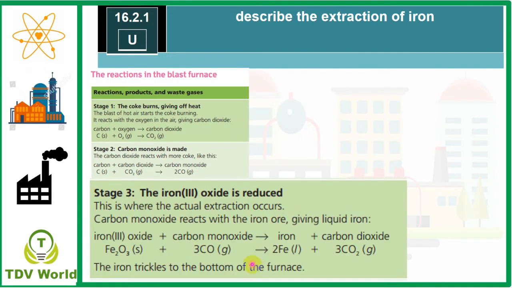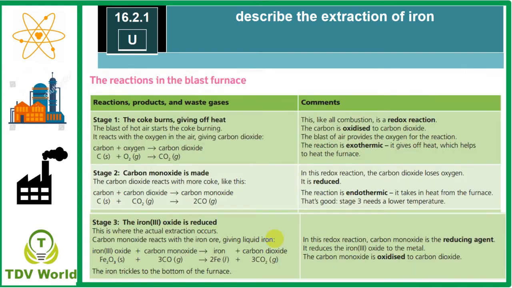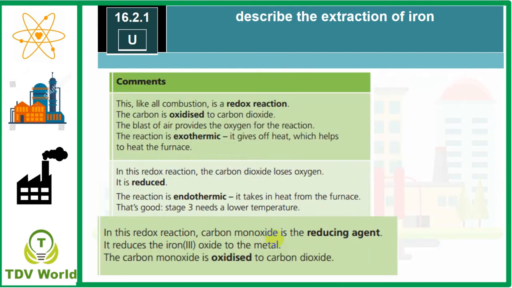After oxidation, it is converted into carbon dioxide. And this one, iron ore, is going to be reduced and converted into iron, right? This is the process, and these are the three stages which we have discussed.